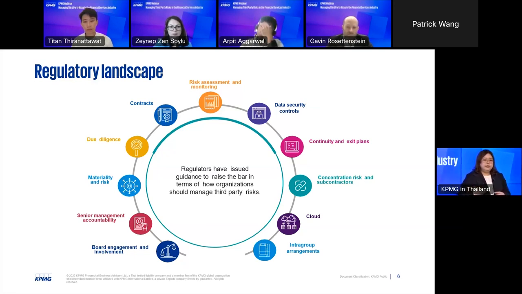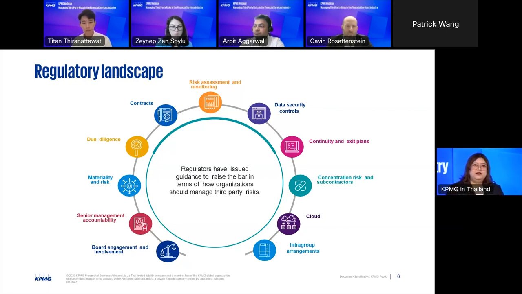So I would recommend you see the BOT third-party risk management implementation guideline, which already lists the key elements that you should add in your contract with the third party.